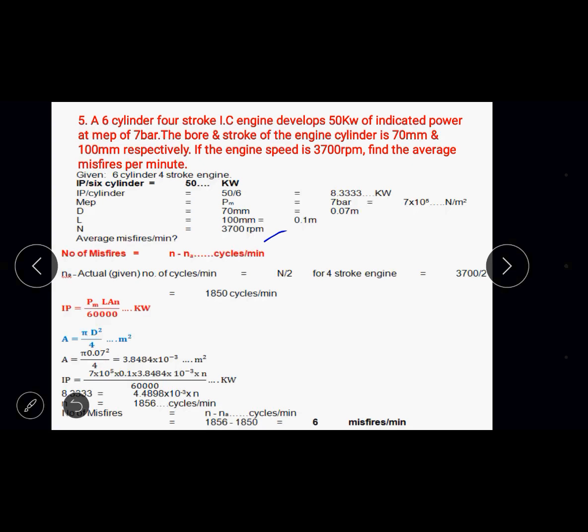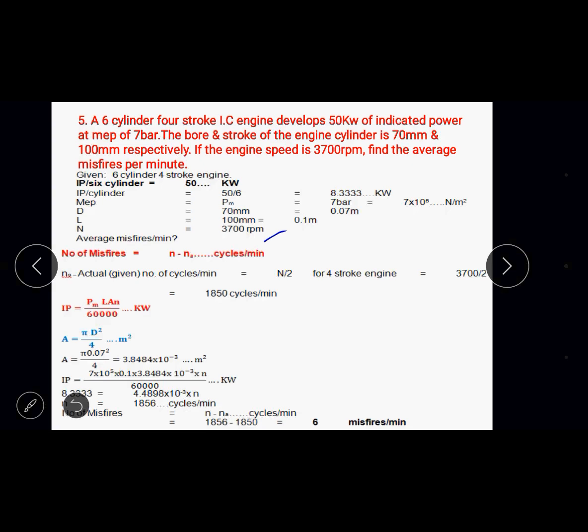In the statement of the problem, engine speed is given, that is capital N is given, and since it is a 4-stroke engine, small n will be half of capital N. So small na is half of capital N, that is half of 3700, which gives 1850 cycles per minute.